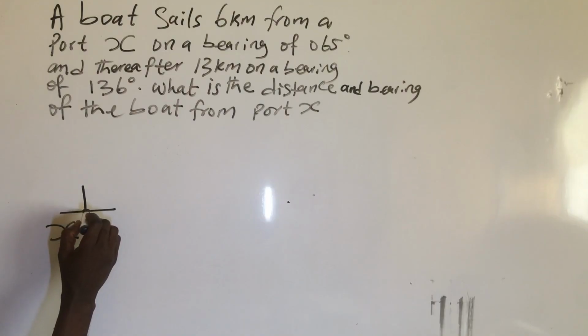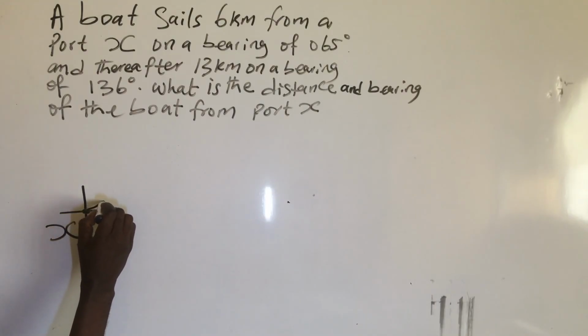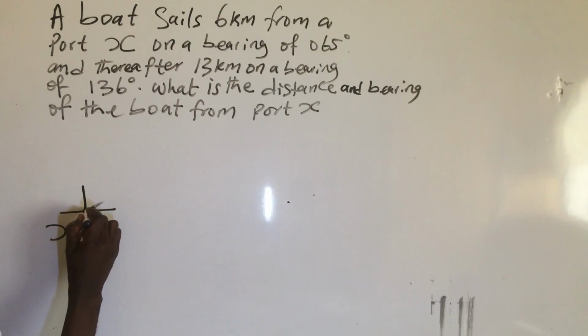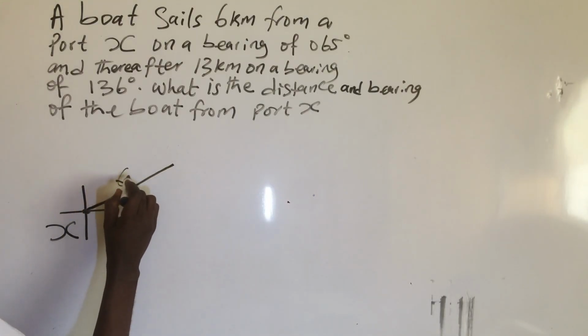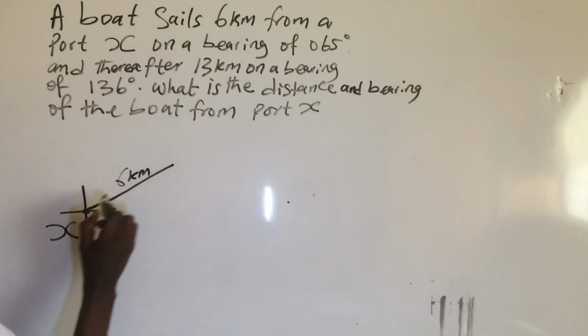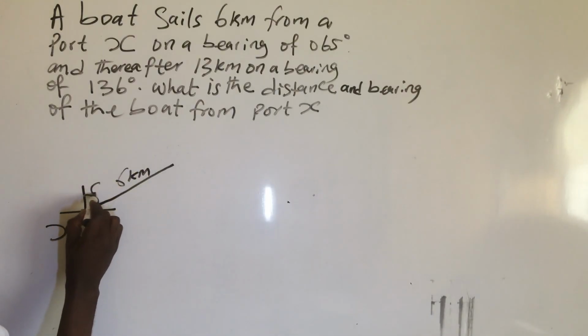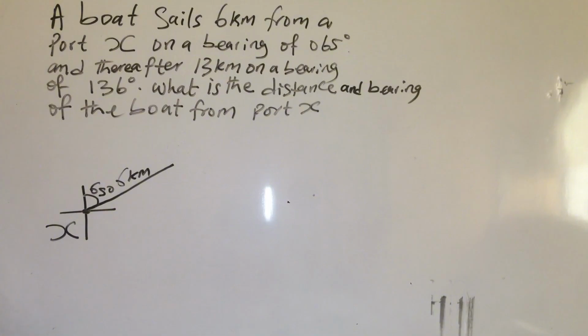So let's say that the 065 is somewhere here, and it sails 6 kilometers. So the bearing is 65 degrees, okay?